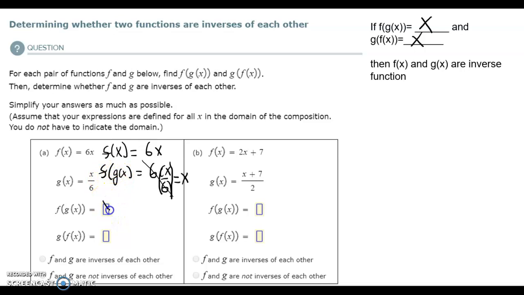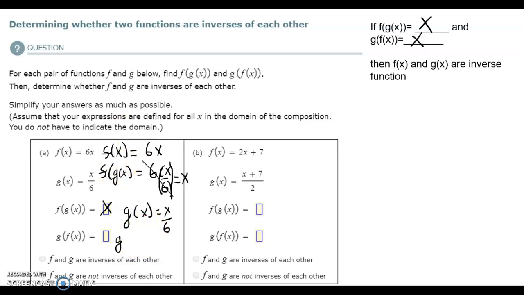So f of g of x is x. Now let's see what happens when we do it the other way. So if I start with the g function, x divided by 6.